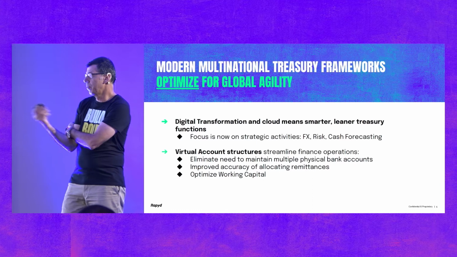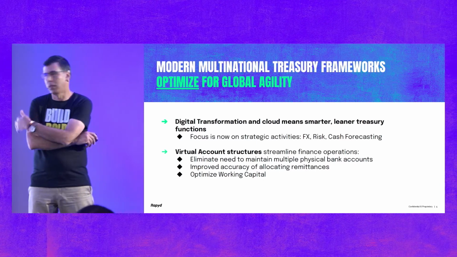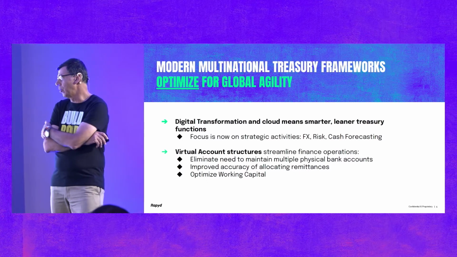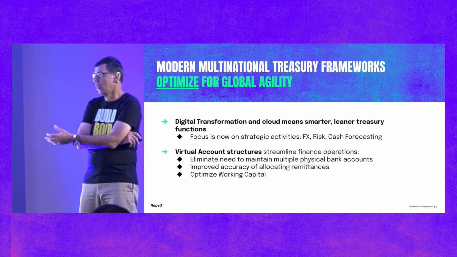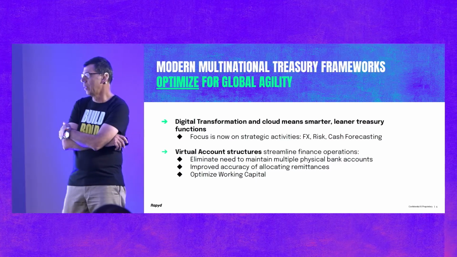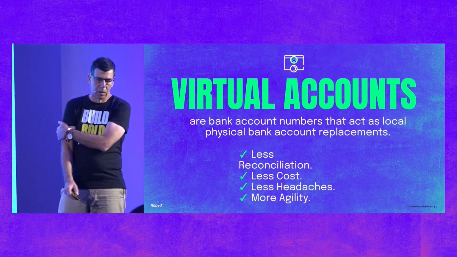And this is where the virtual account infrastructure was brought up by the banks, eliminating the need to maintain multiple physical bank accounts, improving the accuracy of allocating remittances, and optimizing working capital.